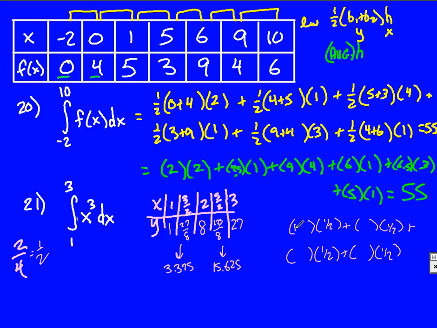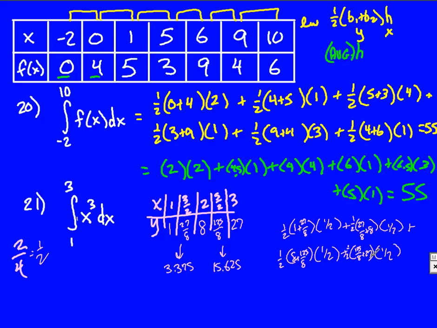You can either add them up, so 1 plus 27 over 8 and divide it by 2, or you can just do the average separately and put the number in. So really what you're doing is taking 1/2 of each add up. So 1/2 of 27 over 8 plus 8. This would be 1/2 of 8 plus 125 over 8. And this would be 1/2 of 125 over 8 plus 27.